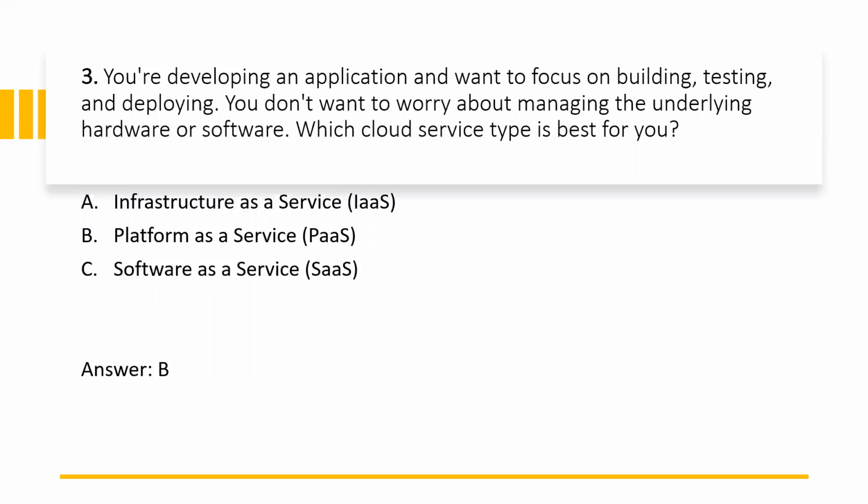So here an IaaS example is a virtual machine. We are creating a virtual machine. You can take total control over the infrastructure. So you still have to do the software updates and other things. But here in the question, you don't want to worry about managing the underlying hardware or software. So this is not the right one.